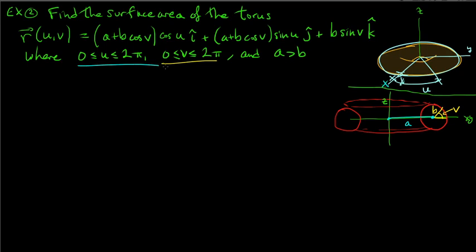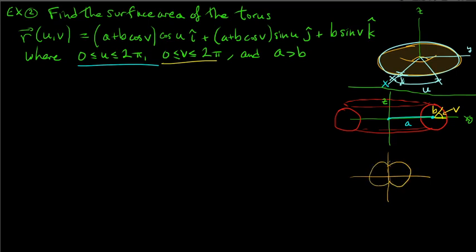All right, so that maybe explains a little bit about the parameterization, right? And a has to be bigger than b, otherwise you don't get a hole. So imagine a donut without a hole. You might have this, but there's no hole in the middle. In other words, you're revolving something like this around the z-axis.